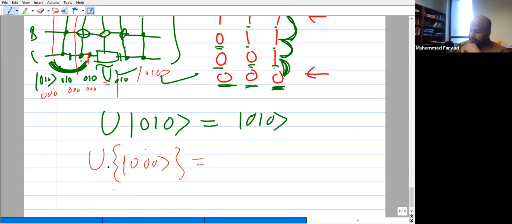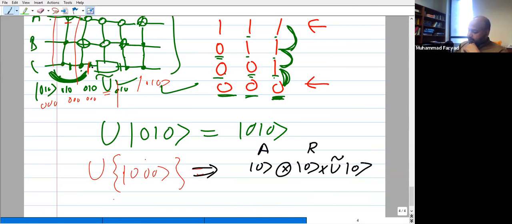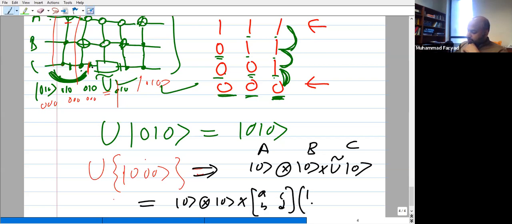So this is a little bit tricky, because this U tilde is only working on the C qubit. So once it passes through this, the state would be like this: 0 tensor 0 tensor U tilde 0, because this is the state of the A, B, and C qubit. When this U tilde works on 0, this is A, B, and this 0 state is 1, 0.